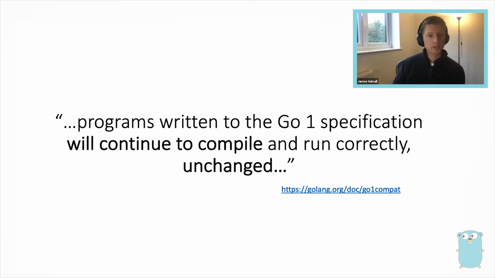So if you've written an application in Go, say 1.4, it's still going to run today on Go 1.16. And the first version of Go came out in 2009. I think it was 2009 or 2010. And we're on Go 1.16 today. So we're 10 years on and we're still under this Go 1 compatibility promise. And I think that's great.